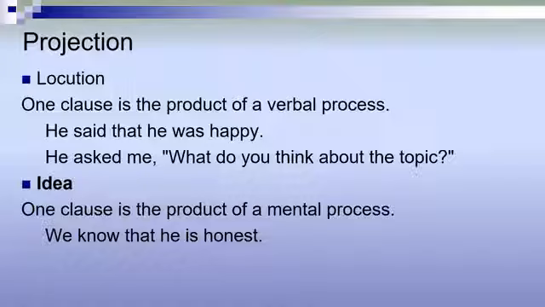So that he is honest is the product of the mental process. It's the knowledge. We know. So that he is honest is the idea. It's a projection of knowing. It's projected from know.